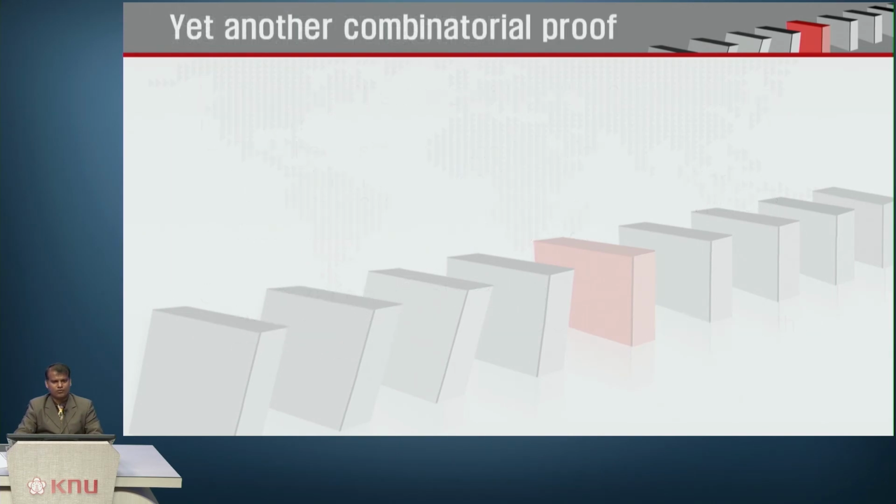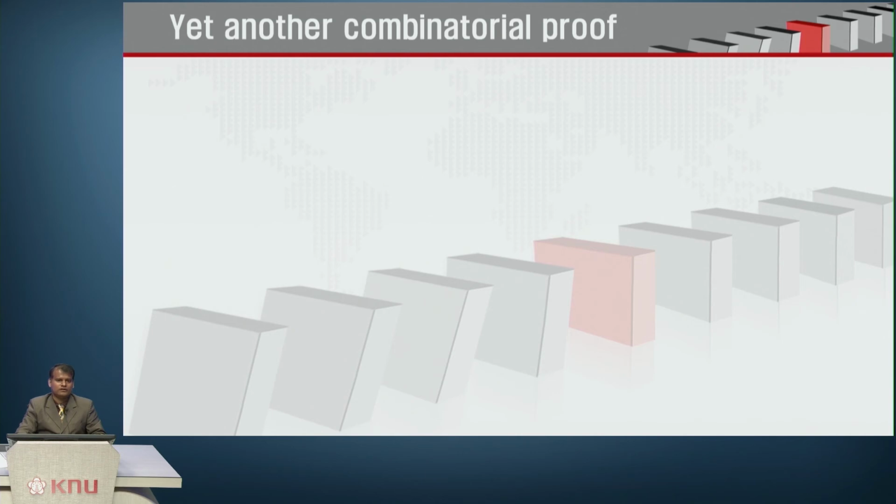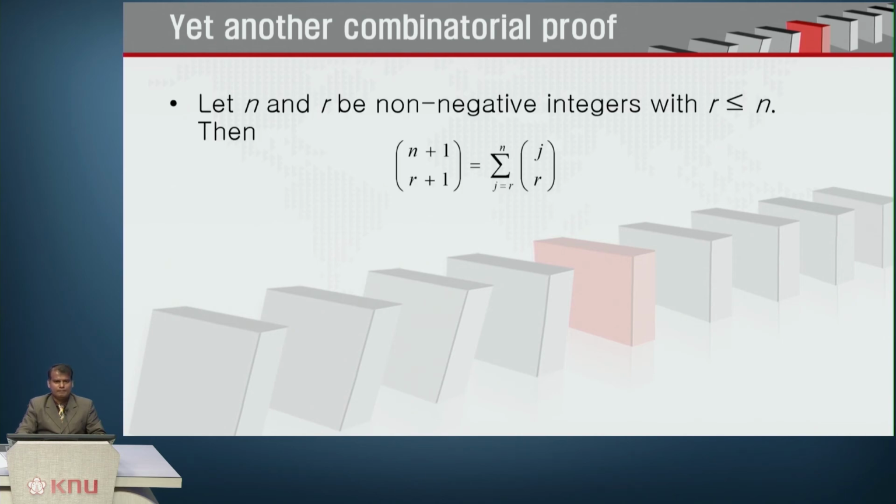So in generalized form, you have C(n, r) possibilities of bit strings of length n containing r ones. Let's see another proof here. Let n and r be non-negative integers with r less than or equal to n.